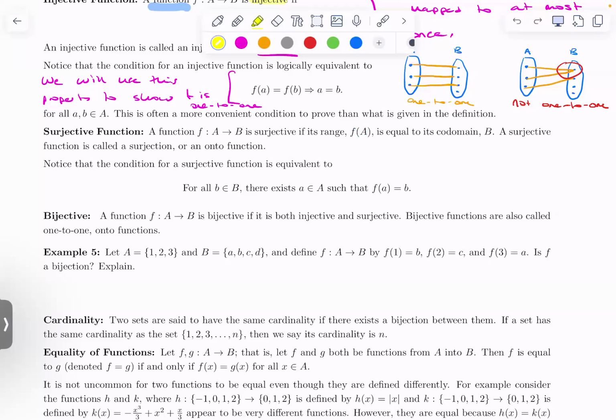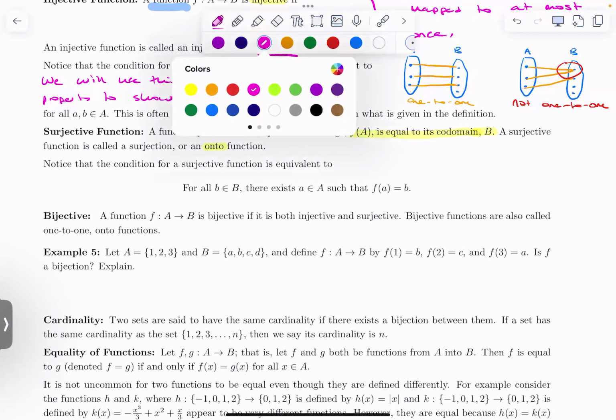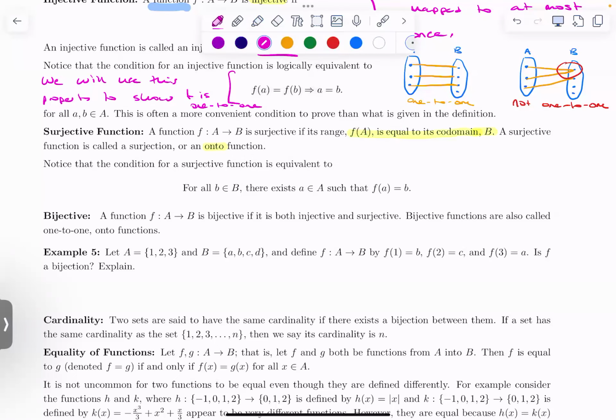So if all the mappings use up everything in B, then it's a surjective function or an onto function. Everything maps onto something in the codomain.